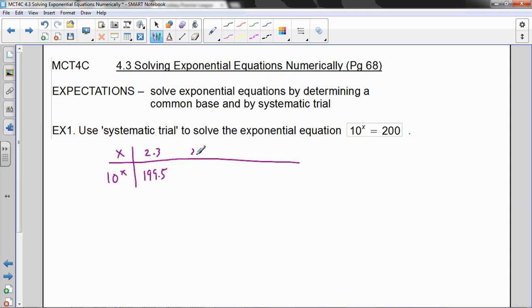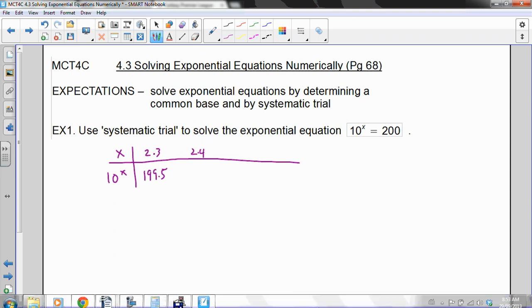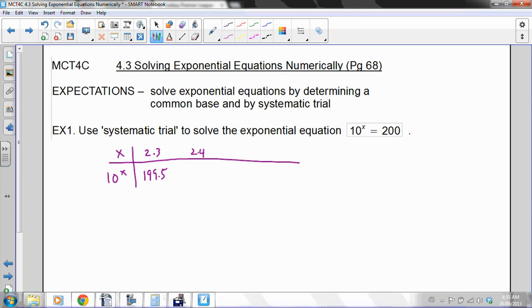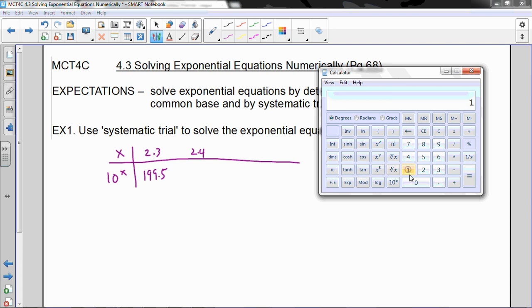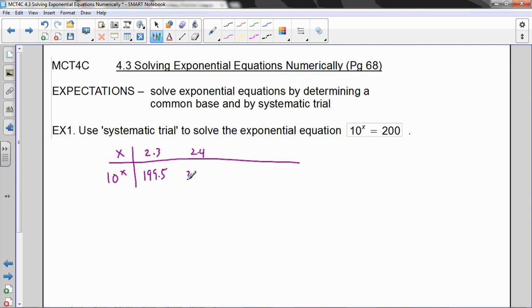But if I go all the way to 2.4, then I put into the calculator. I'm not going to show you all these. You don't have to stare at me watching or using the calculator all class. 10 to the exponent 2.4, and I get 251, which is way too high.